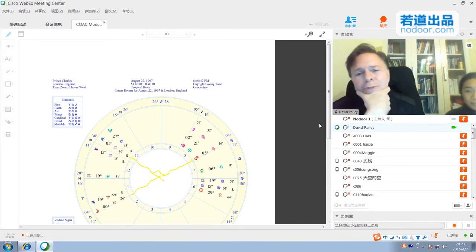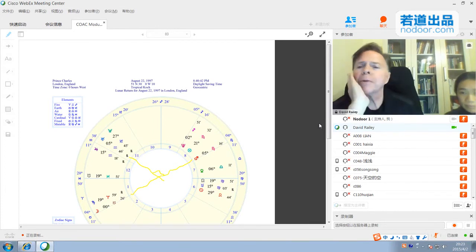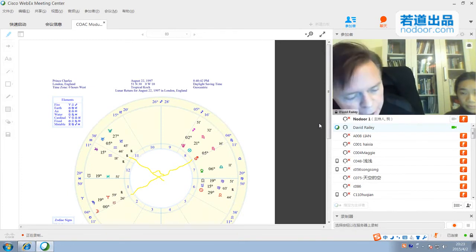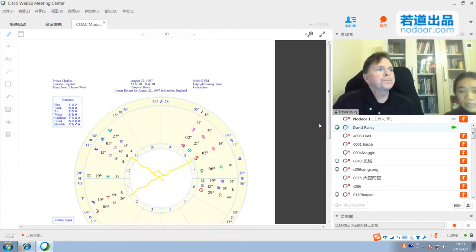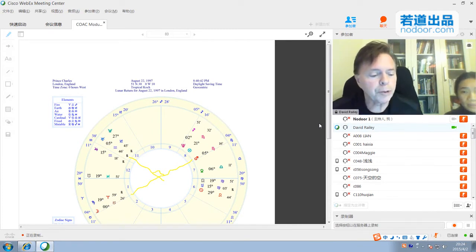Because there is some suggestion in this chart for this month that if your children were under the supervision of their mom, they would be in a more chaotic atmosphere. And you would talk about that with your client.